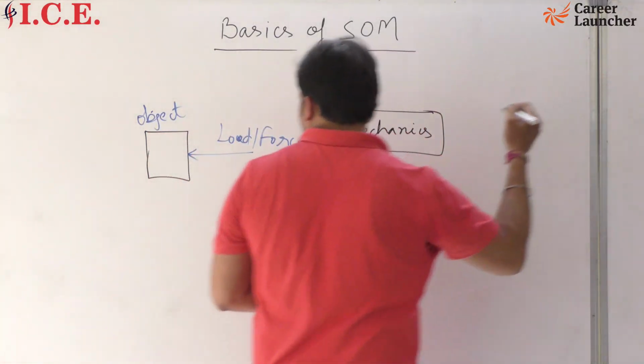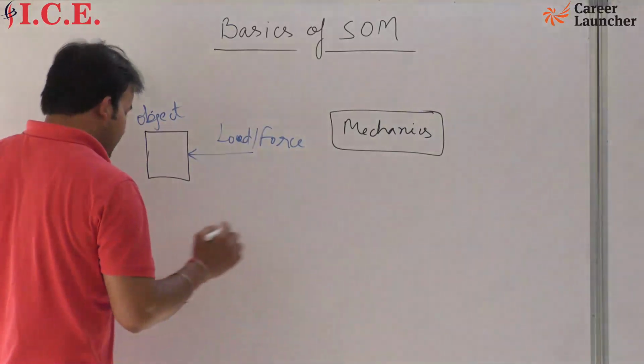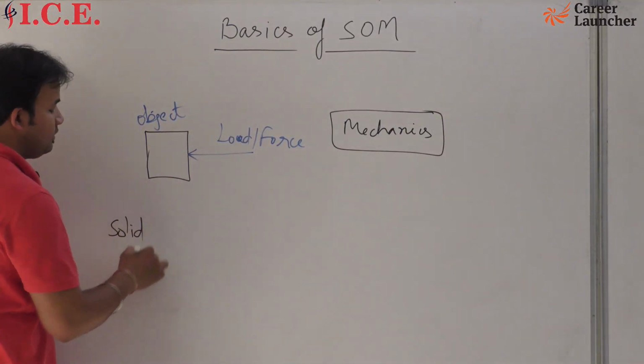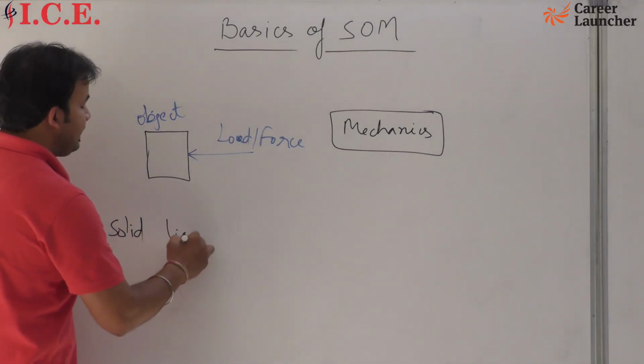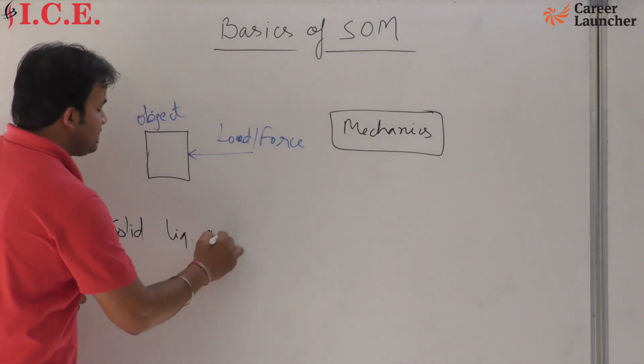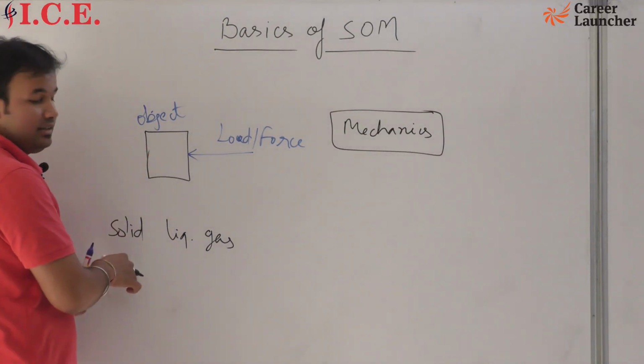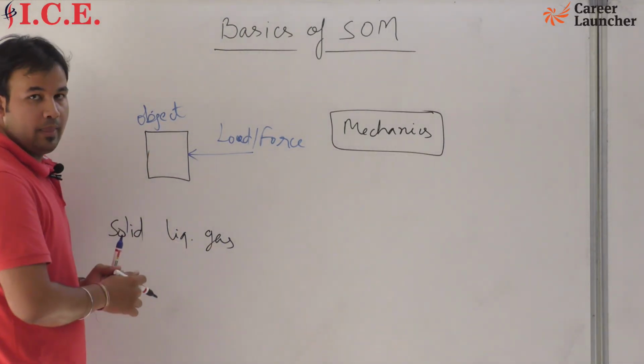The first one is solid, then liquid, then gas. The object may be either solid or liquid or gas.